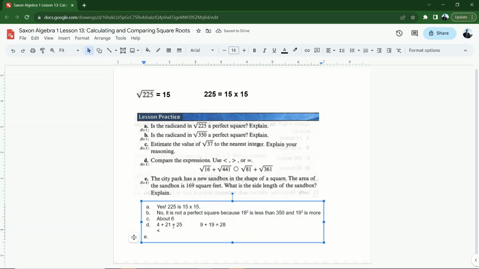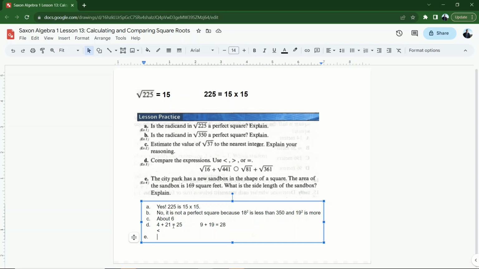Okay, and then lastly, a city park has a new sandbox in the shape of a square. I'll bet we could take the square root of that square. Hey, if you know the area of a square, to find a side of that square, you take the square root of the area of the square. That's something that you can do.